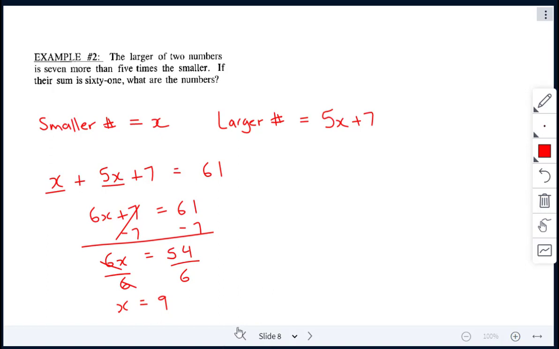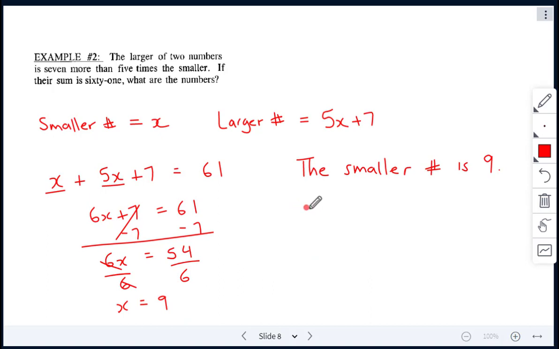All right, but what does that mean? So you have to go back to the original statements that we set up here. So that means our smaller number is 9 because we said that our smaller number is equal to x. So let's write it in our statement. The smaller number is 9. And then to solve for the larger number, we have to substitute this 9 back into this equation.